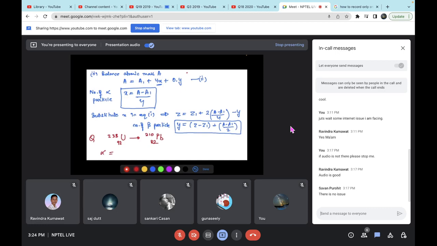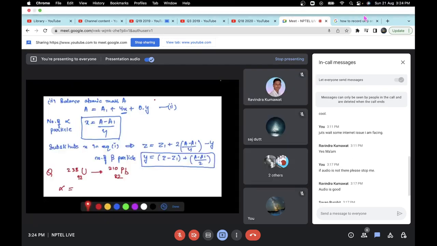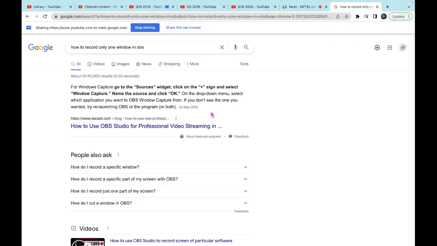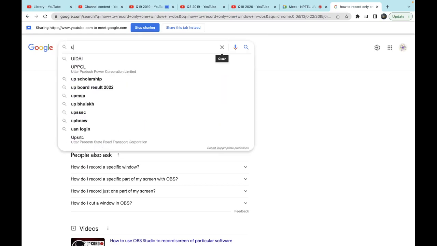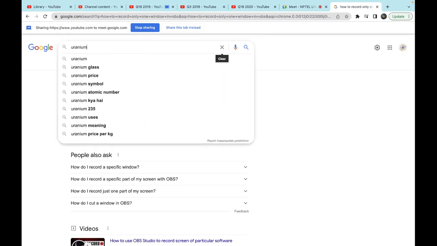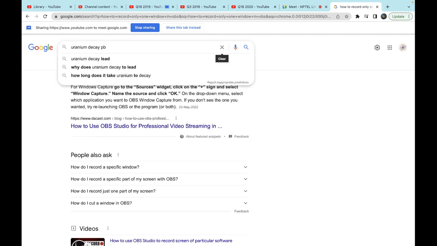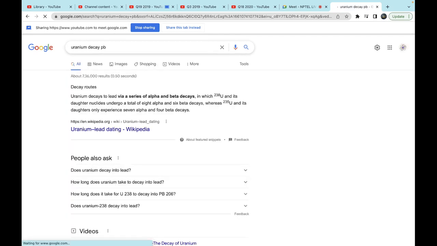To find the alpha particles is very simple. Just subtract this and this so that you can get the difference in the atomic mass. So this will be 238 minus 210 divided by 4. Okay, so it will be 28 by 4, which will give me 7. So there are 7 alpha particles.